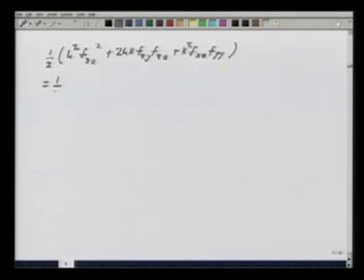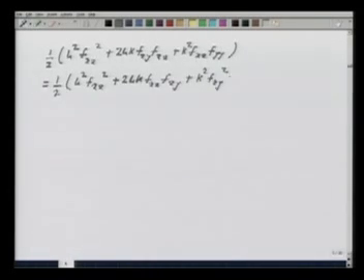This can be written again as half h square fxx square plus twice hk fxx into fxy plus k square fxy square, minus k square fxy square, then plus the remaining term k square fxx times fyy.